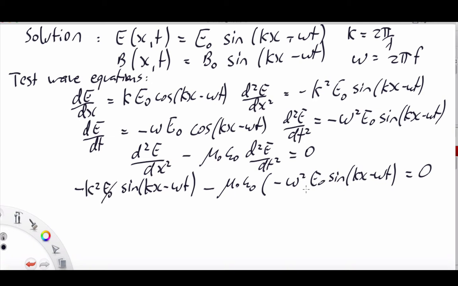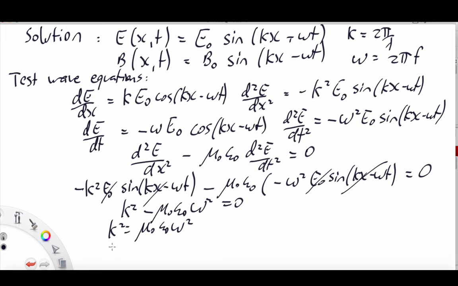So E₀ cancels, sin(kx minus ωt) cancels. We simply get that k² minus μ₀ε₀ω² equals 0. So k² equals μ₀ε₀ω².